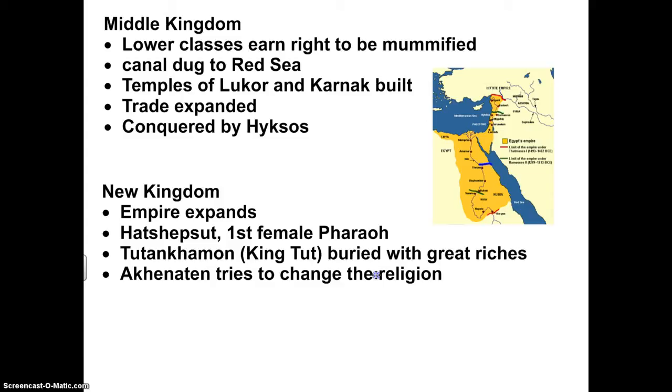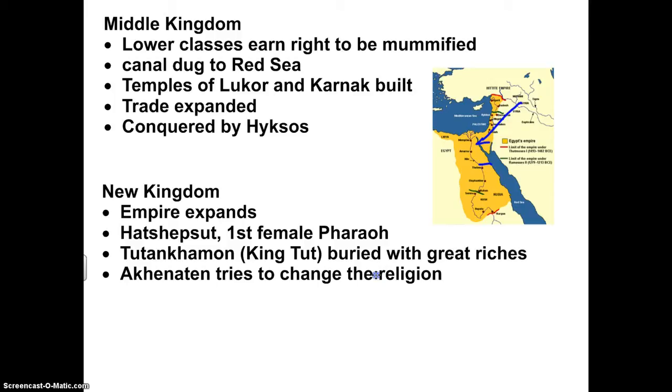Most likely, the original purpose was military. They built temples at Luxor and Karnak, which are famous Egyptian ruins nowadays. Trade expanded, partly because of the canal system. And then they're conquered by the Hyksos, who come out of Asia down into Egypt.